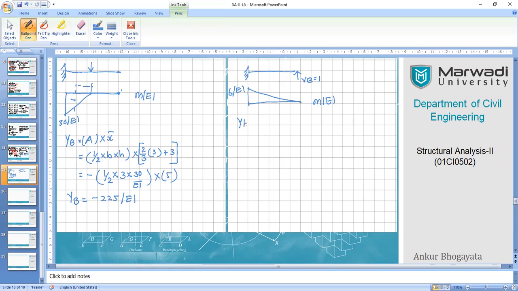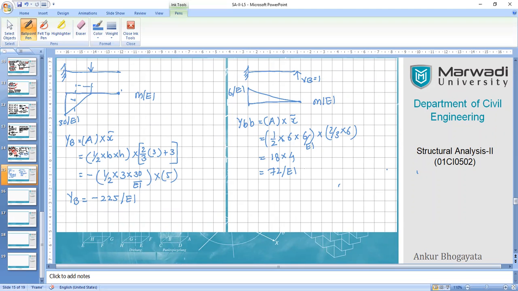YBB means the area of this diagram into the x distance from B. So that is again 1/2, B is 6 and H is also 6, and here it is 2/3 of 6, that is 4. So 6 into 6 divided by 2 is 18, 18 into 4 is 72, and here we missed EI, so 72 upon EI.